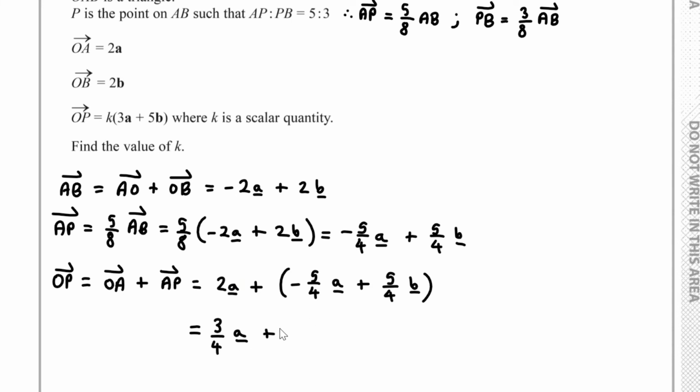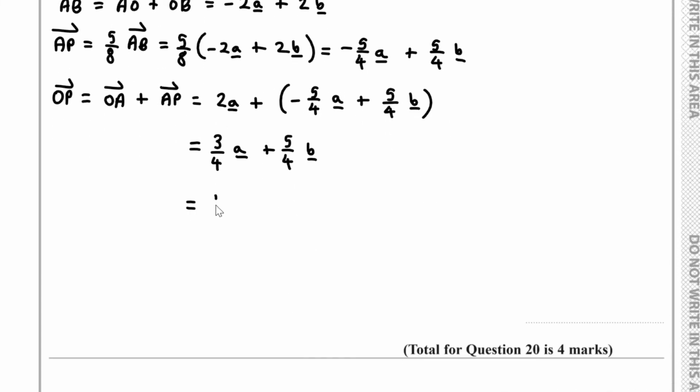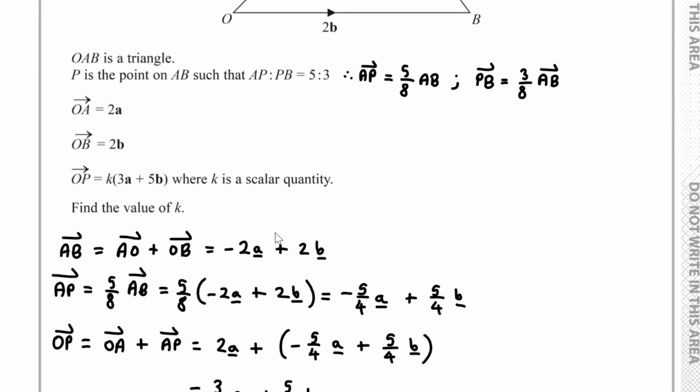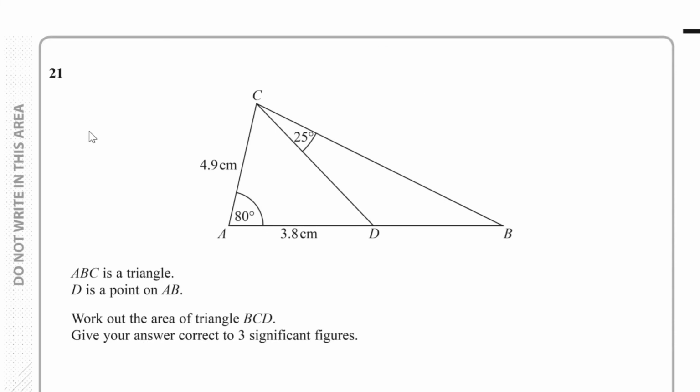And then we've got 5/4B. If I take out the 1/4 as a common factor, we've got 1/4 lots of 3A plus 5B. So therefore you can see K is equal to 1/4.